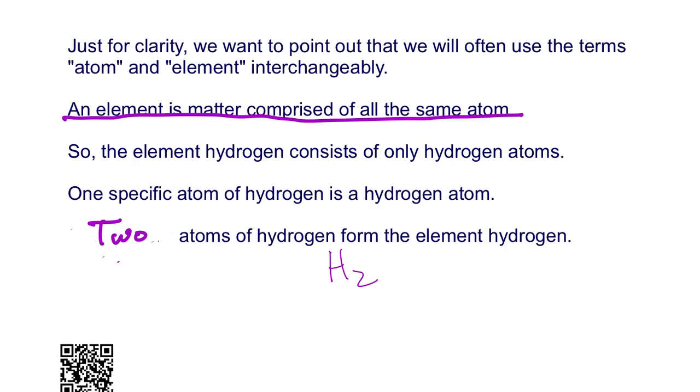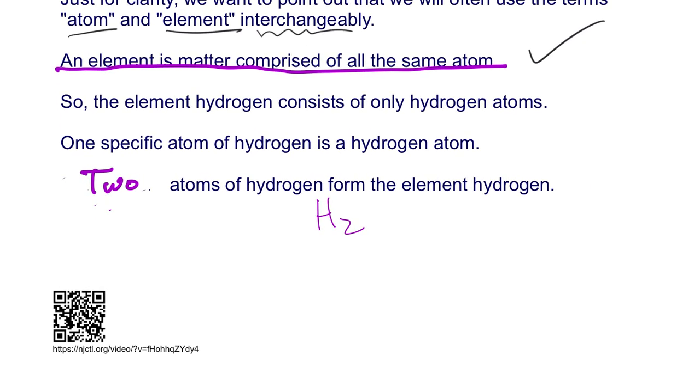Okay, this is a little confusing, but let's clarify it. An atom, an element, can be used interchangeably. So if you have two atoms and they're different atoms, well, you're talking about two different elements. So an element can only be composed of one type of atom. So if we had hydrogen, it only has hydrogen atoms.